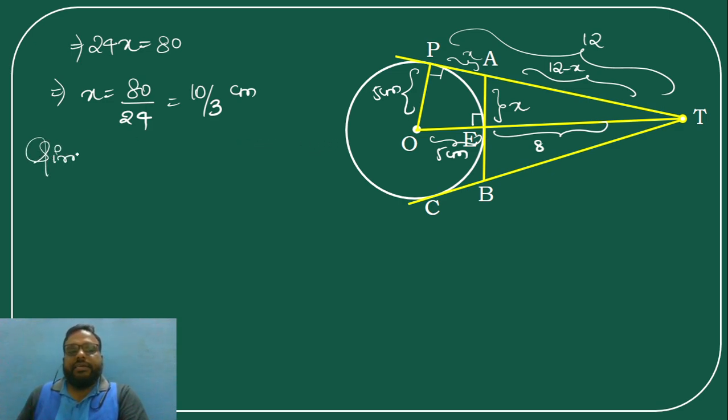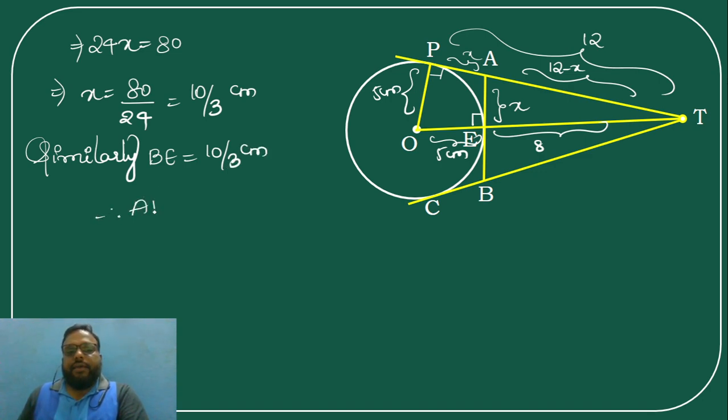Similarly, if you take here towards this side, again the same thing. If you join this OC, that becomes the radius. Again, the same scenario will apply. You will take BE as X, then you simplify, you will get the same value of X as 10 by 3 only. Similarly, I can write BE also will be 10 by 3 centimeters.